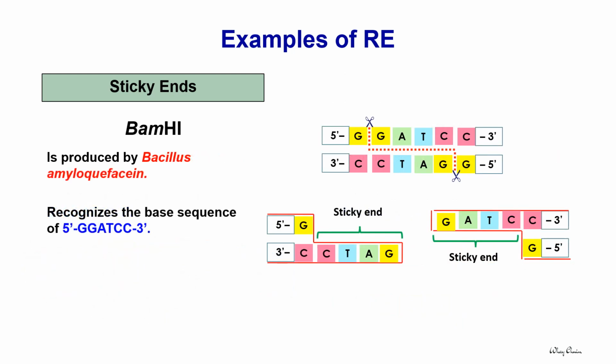One more extra example of a restriction enzyme that can produce sticky ends is BamHI.